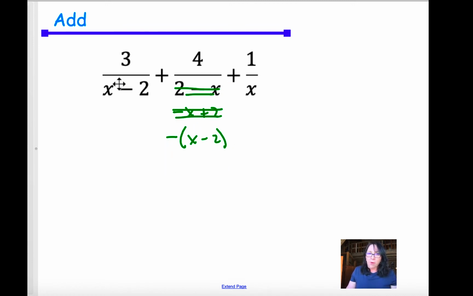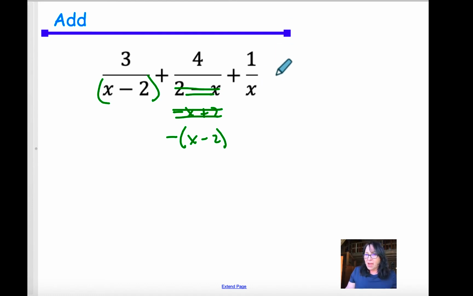Now, what I have is 3 over x minus 2 plus 4 over negative x minus 2, which basically means, hey, these are the same values, right? It's just now x minus 2, and that's a minus sign. Okay, so I'm just going to leave one minus sign for right now. And then on the denominator, this is over 1 over x, which these don't have. This has got an x minus 2, an x minus 2, but an x.